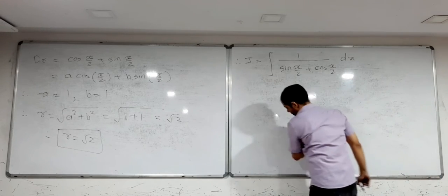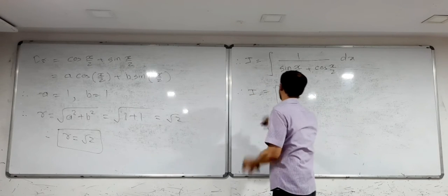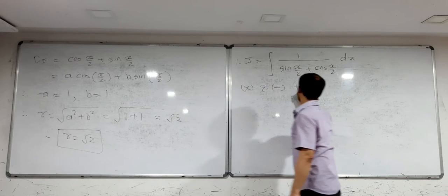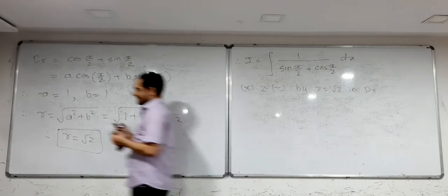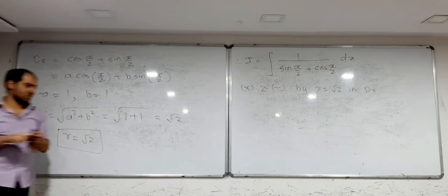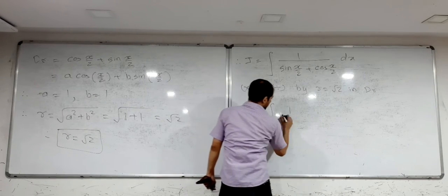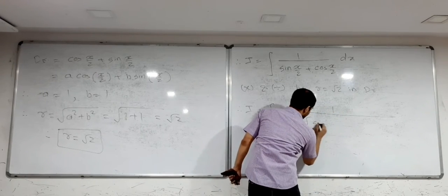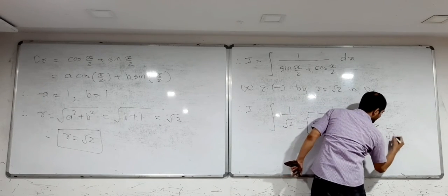This becomes I becomes integration of multiply and divide by r is equal to root 2 in the denominator. तो I is equal to integration 1 upon root 2 मैंने इधर लिखा और 1 upon मैं यहाँ पे क्या लिख रहा हूँ, sin x into 1 by root 2 plus cos x into 1 by root 2.